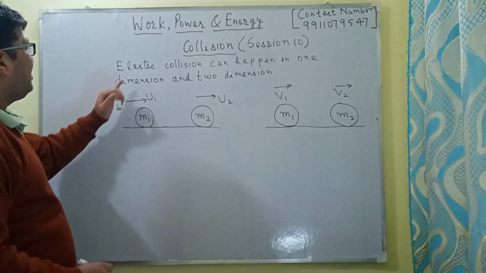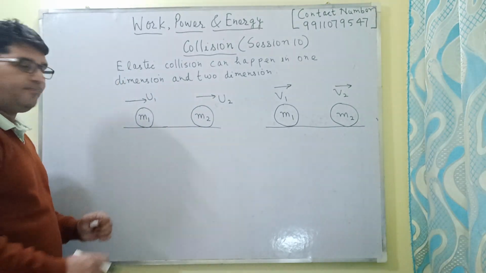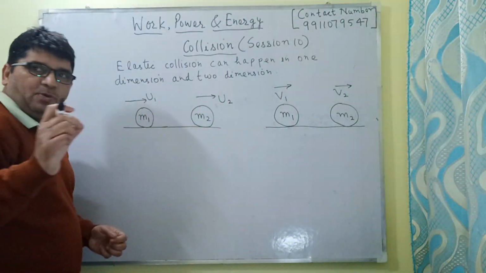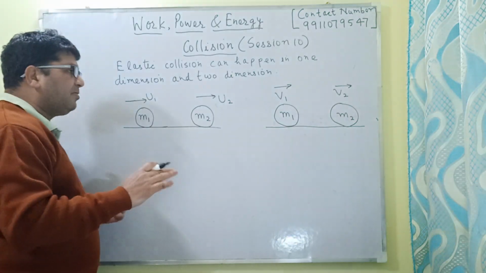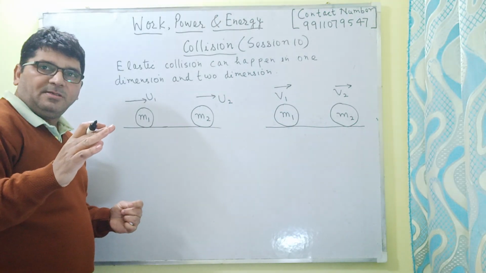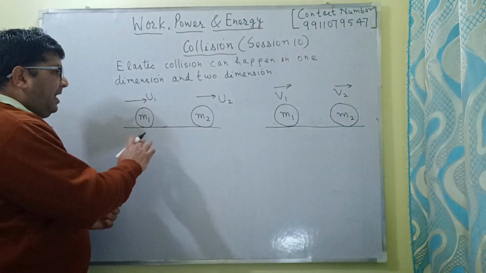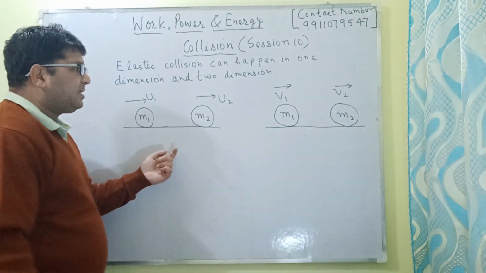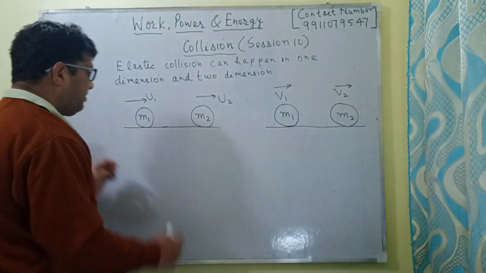Here, as per the definition of the elastic collision, the first point was that the total energy and the total linear momentum are conserved, and the second point was that the total kinetic energy before and after the collision remains the same.